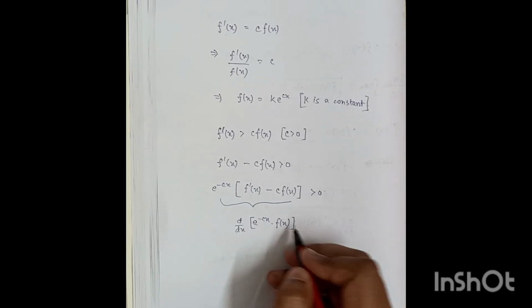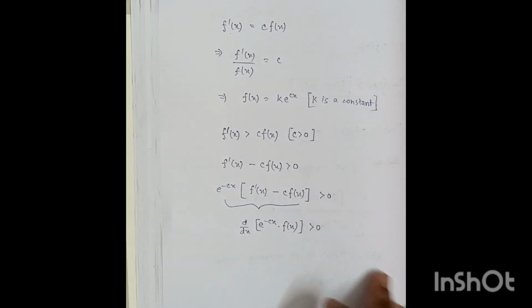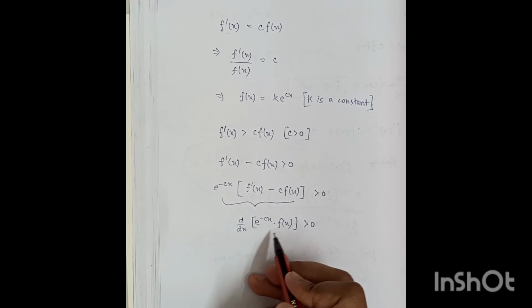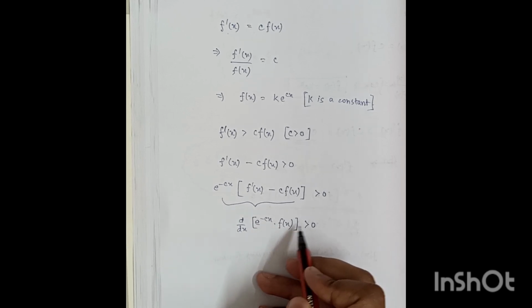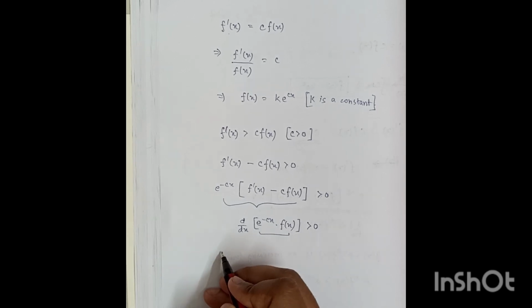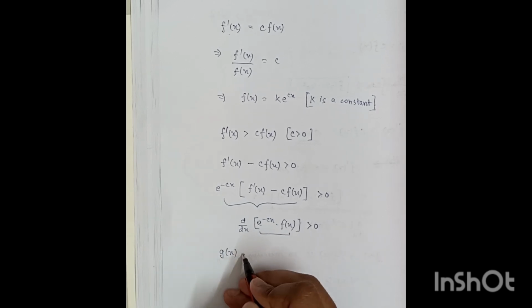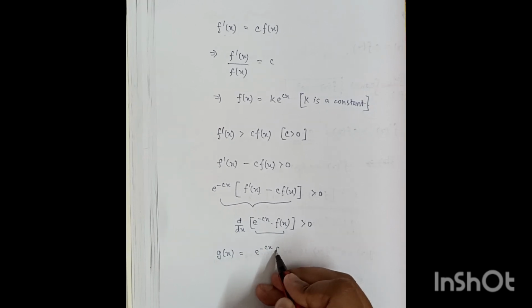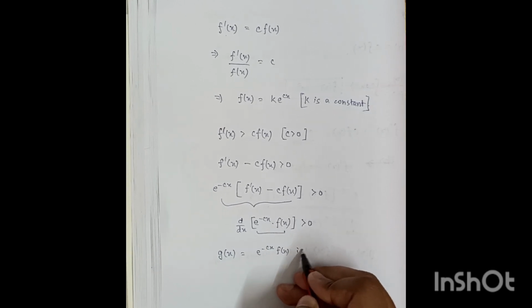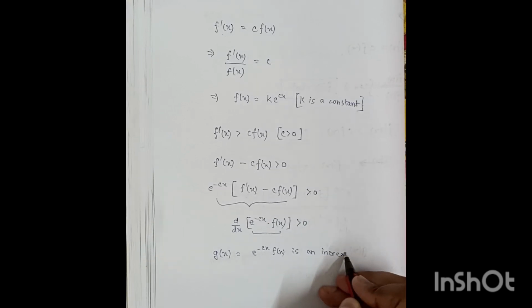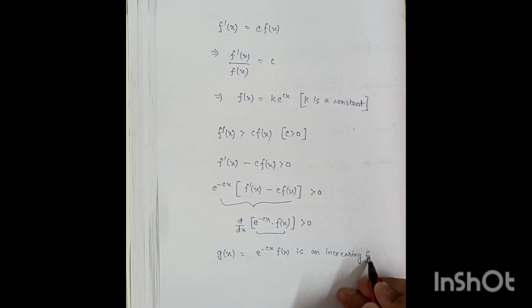So this derivative is positive, and this function's derivative is positive. That means this function is an increasing function. So if we assume a function g(x) which is equal to e to the power minus cx times f(x), it is an increasing function.